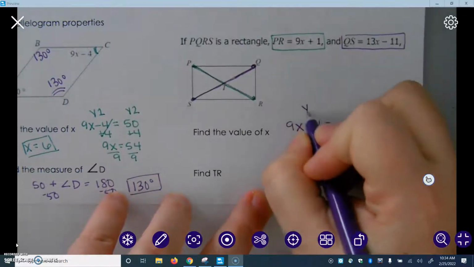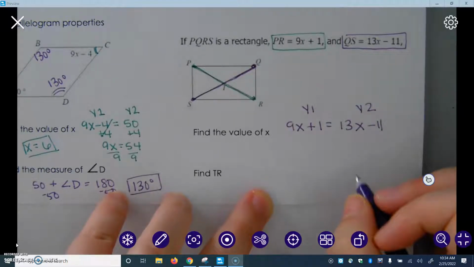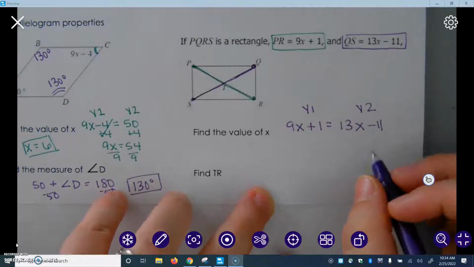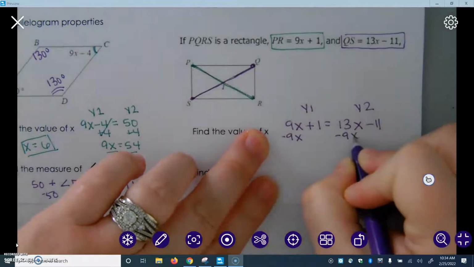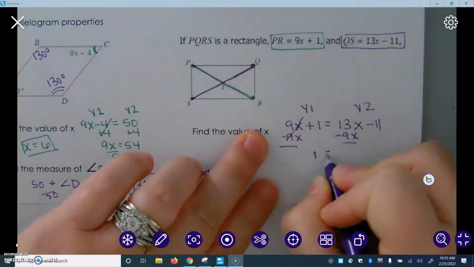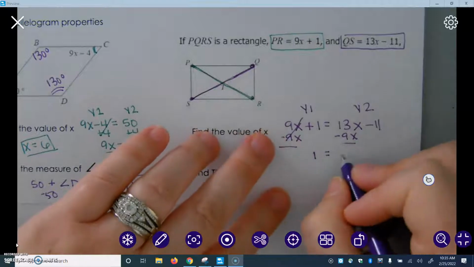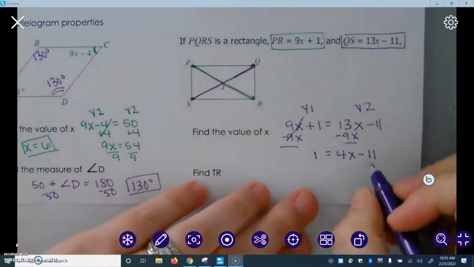All right, so I could put this in y1, I could put this in y2. When I see the blue and the red intersect, second trace 5, enter, enter, enter. I'm going to work it out by hand. So I'm going to subtract 9x on both sides first. Bring down that 1. That'd be 4x minus 11.